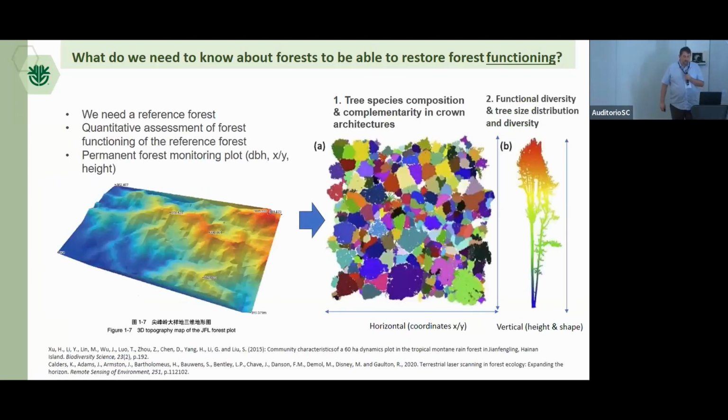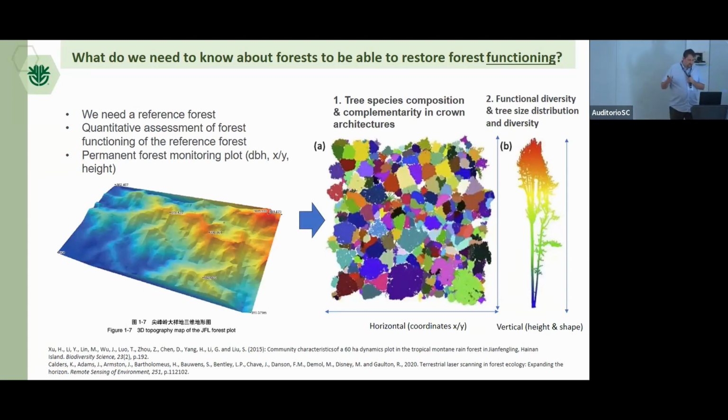So what do we need to know about forests then to be able to restore them? And usually a reference forest is needed, and we have to assess the forest quantitatively. This is done using permanent forest monitoring plots where DBH, coordinates of each tree, and usually height is measured. Now, in the ForestGEO Network, for example, height is not measured, but I would recommend that in quantitative forest assessments, height is included.